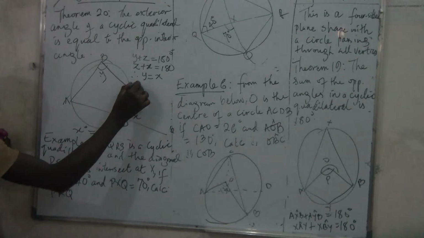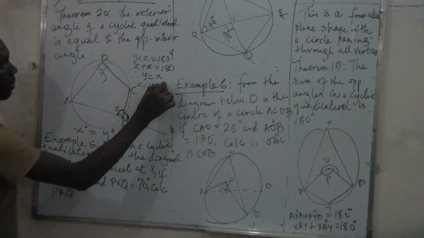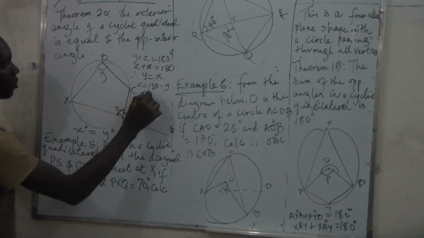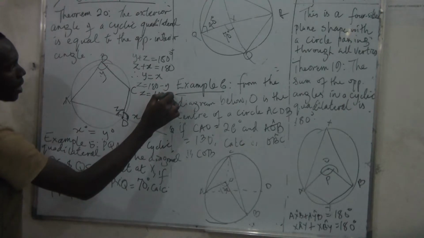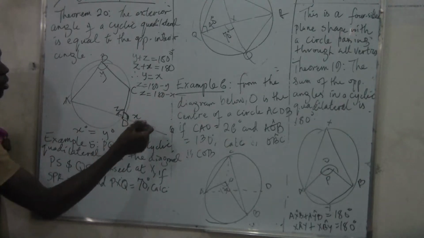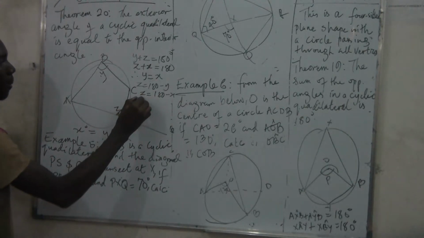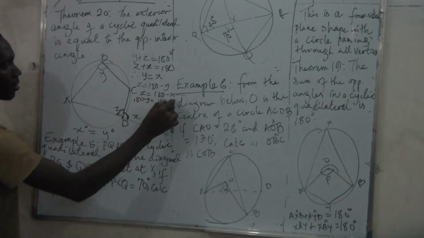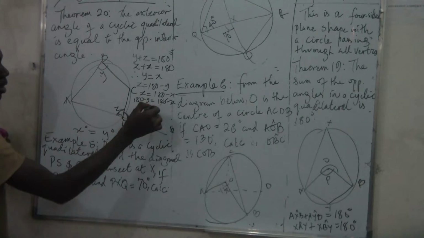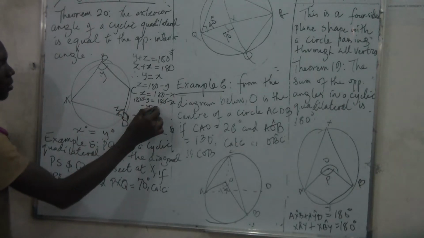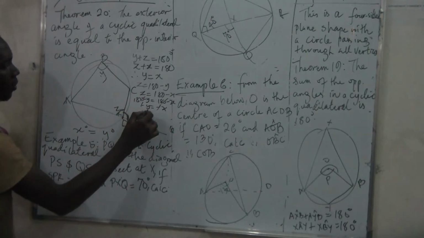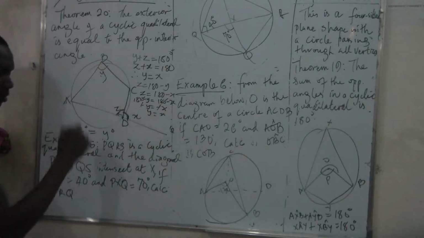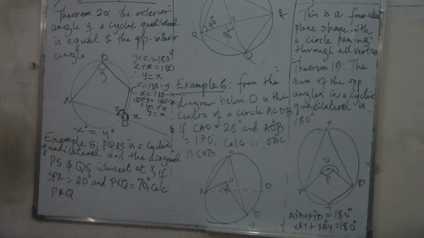Let's write down. Z is equal to 180 minus Y, and Z is equal to 180 minus X. So 180 minus Y is equal to 180 minus X. We can say that the 180 will cancel, so minus Y is equal to minus X, and therefore Y is equal to X. So the opposite angles are the same.